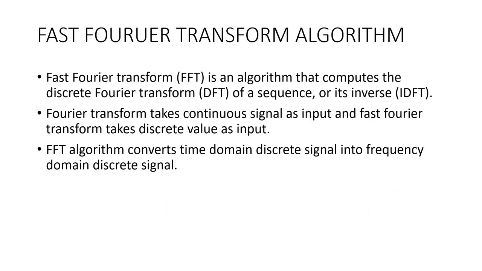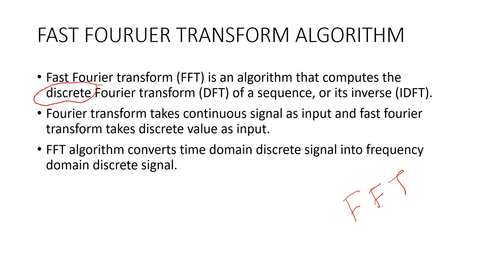We need to get into another algorithm, the fast Fourier transform algorithm, or FFT. The importance of FFT is that the fast Fourier transform is an algorithm that computes the discrete Fourier transform of a sequence, or its inverse. I told you that the Fourier transform can work only on continuous signals. But what about discrete signals?